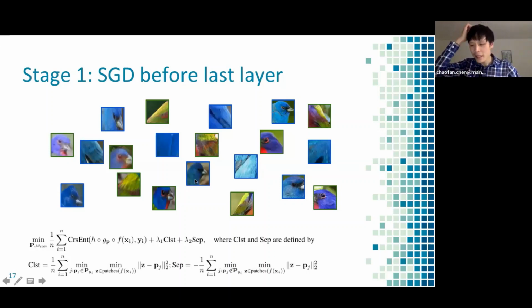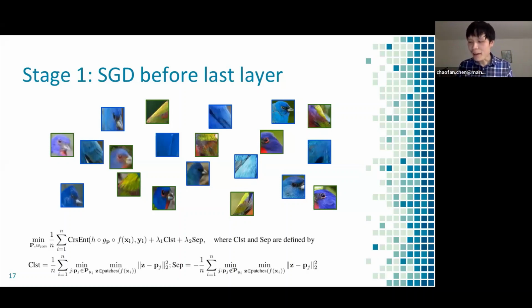So basically, we try to minimize both the cluster cost and the separation cost. And the minimization of the cluster cost encourages each training example, each training image, to have some latent patch, some convolutional patch, that is close to at least one prototype of its own class.